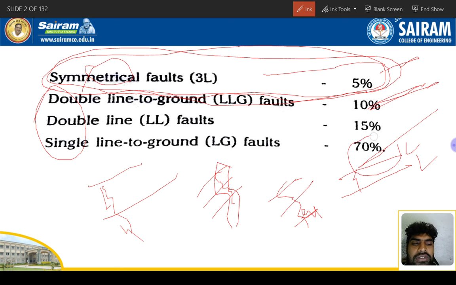We can expect 70% of faults to be single line to ground faults. For example, when changing the wire, changing the phases, or changing the transmission lines, supplying power from one area to another area, we can expect this fault. It's not dangerous.